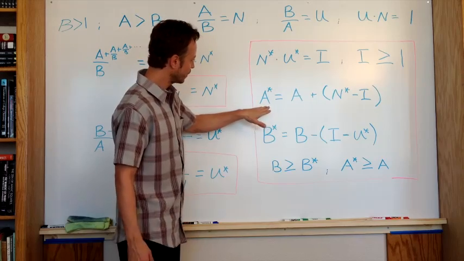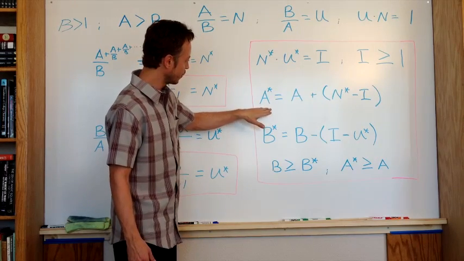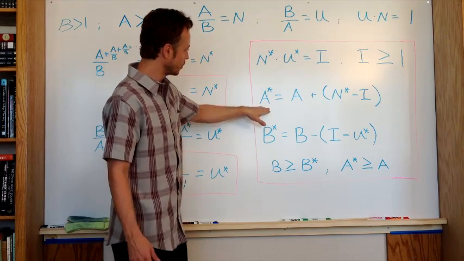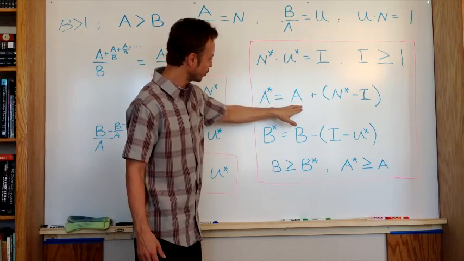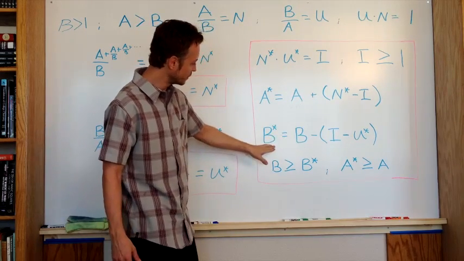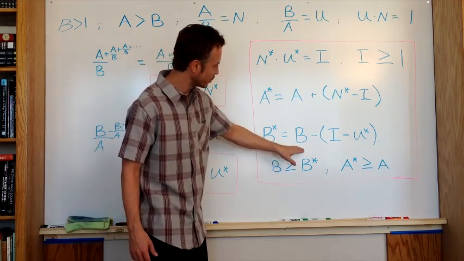So here is how we find A, where A is in the future relative to A in the present, and B is in the past relative to B in the present.